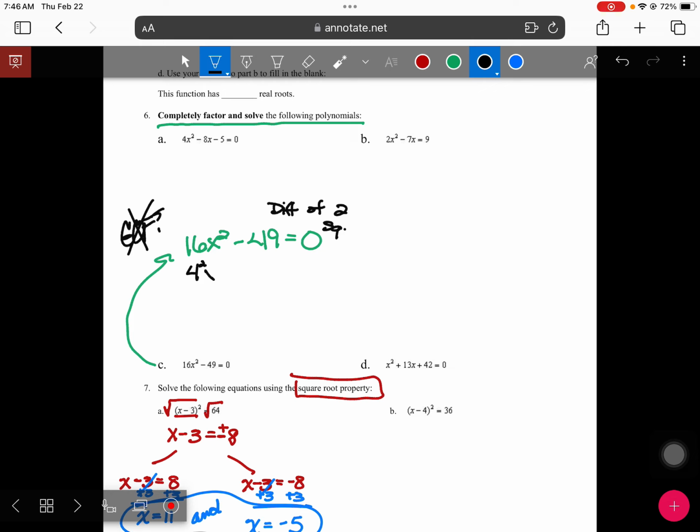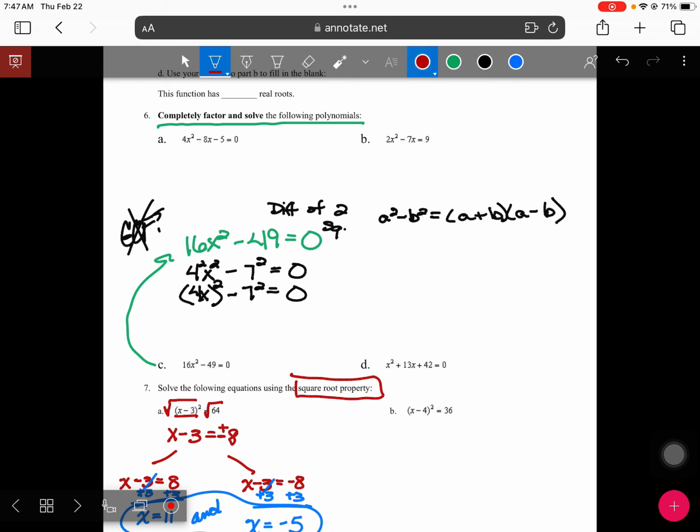So that's 4 squared, and x squared is beside it, minus 49 is a perfect square, and that is 7 squared. Now, the 4 squared x squared, we can put those together in parentheses and put the 2 on the outside, because that 2 is squaring what it touches, and it's touching the parentheses. So it is going to square both things on the inside. Now, if you remember, this goes with a squared minus b squared equals a plus b times a minus b.